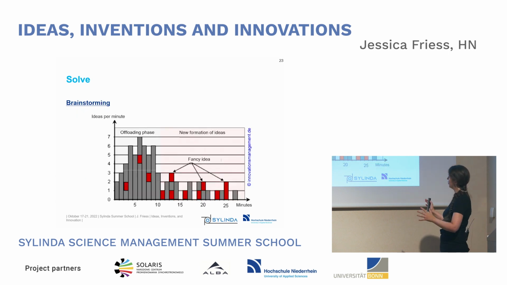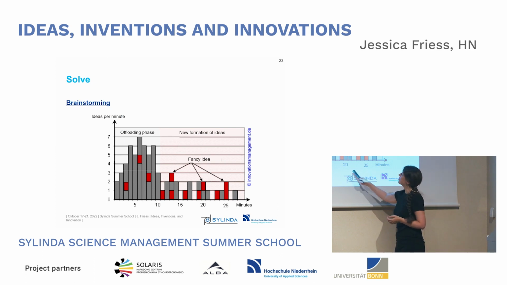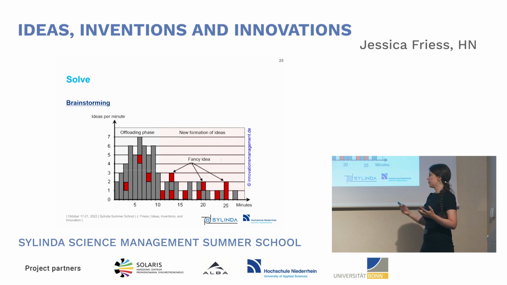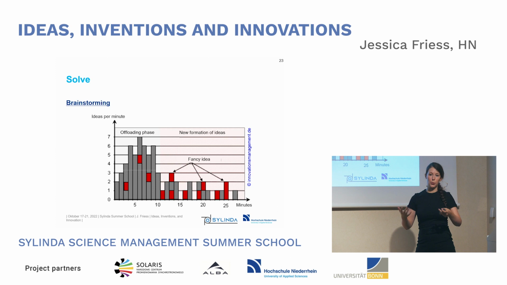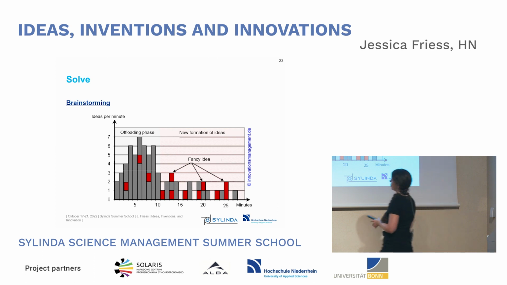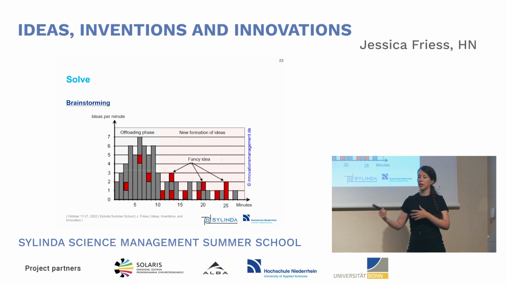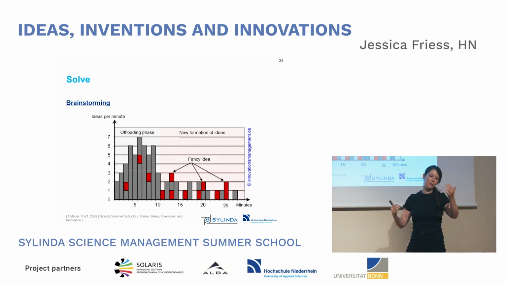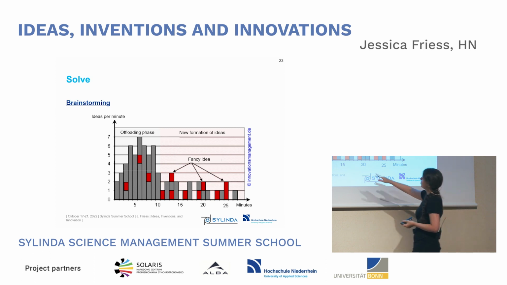And this is like a short sketch if we're making a brainstorming session, 20 or 30 minutes. This is a basic sketch of how the ideas come out of the group. So at the beginning, new ideas come up, and the other people think of something when they hear that, and they come up with new ideas, and then it slowly falls off.